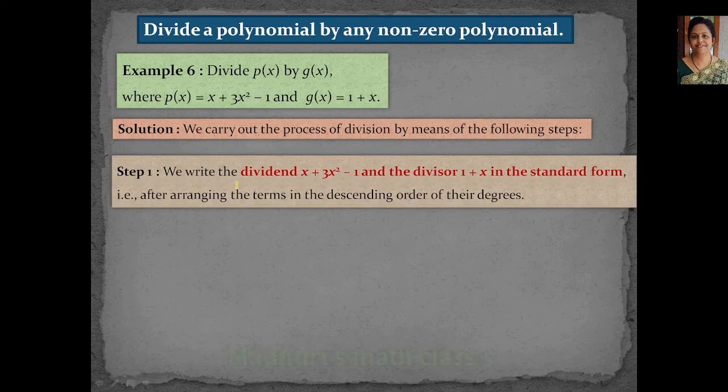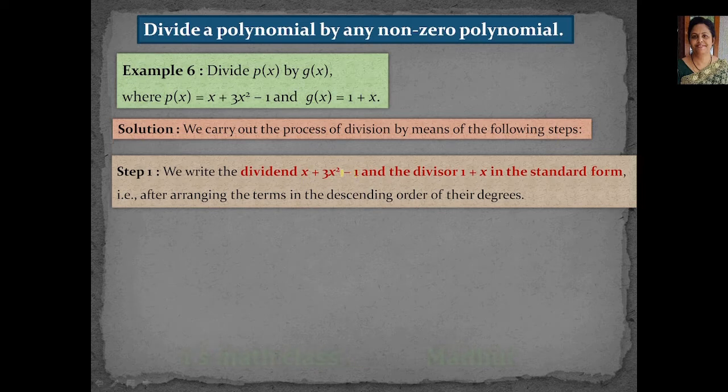Step 1. We write the dividend x plus 3x squared minus 1 and the divisor 1 plus x in the standard form. That is, after arranging the terms in the descending order of their degrees. So here the power of variable is 1, here the power of variable is 2 and here the power of variable is 0.